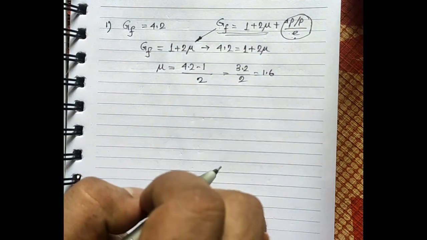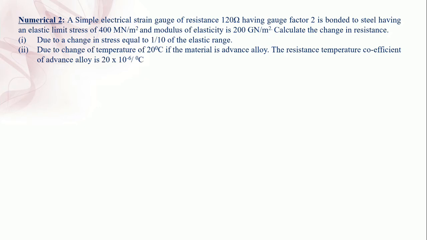The next problem shows a simple electrical strain gauge whose resistance is given, the gauge factor is also given, then the elastic stress limit is given, and the modulus of elasticity is given also.